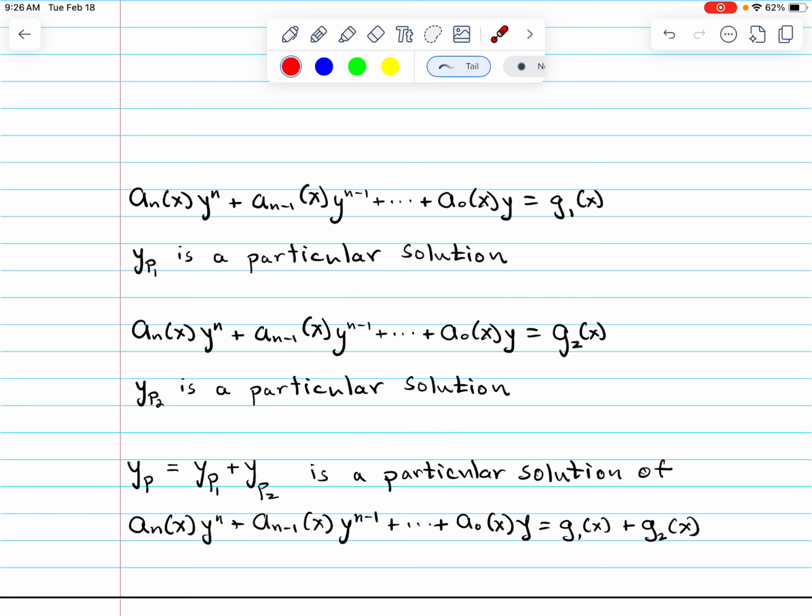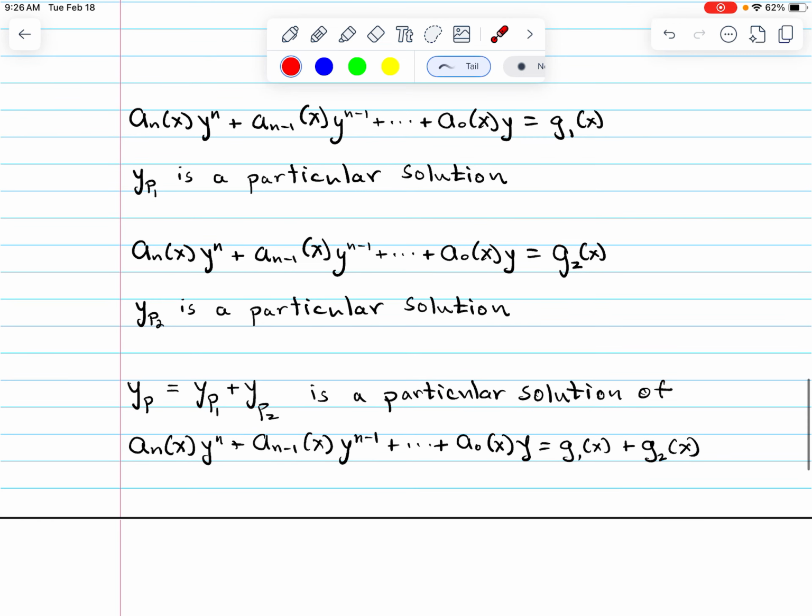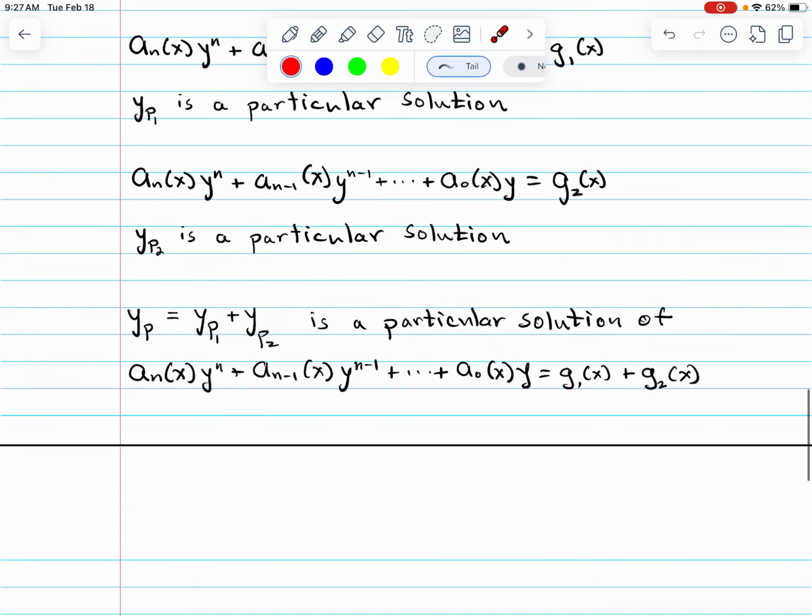And you can have any number of these. Then we would say that y sub p, a particular solution, is the sum of these, for this differential equation, where we have G1 plus G2. So that is the superposition principle for non-homogeneous differential equations.